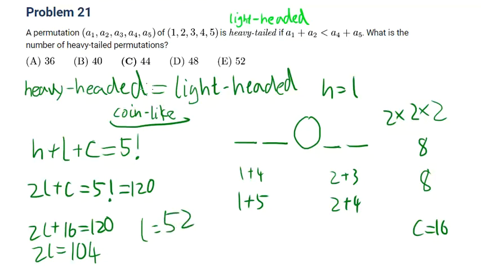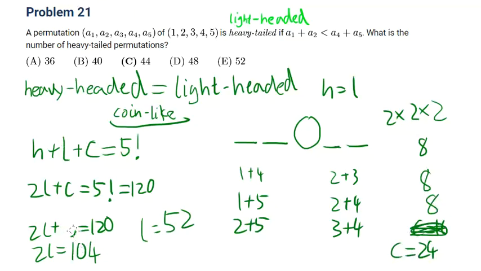Wait, hold up. There's also the sevens. Okay, I forgot the sevens. Forgot that sevens even exist. Okay, there's also 2 plus 5, and 3 plus 4. Yeah, there's sevens. I always forget. So there's another 8, which means C is not 16, C is 3 times 8, which is 24.